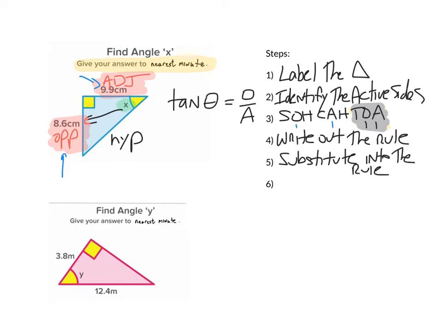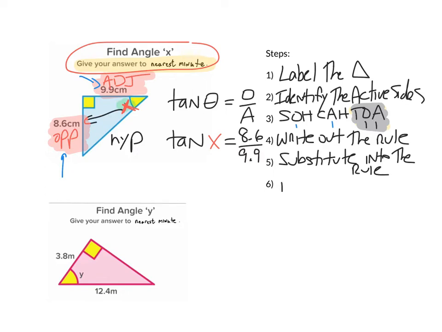So here we have the tangent of theta. Well, what's our angle? Here our angle is x because we're going to be solving for the angles. So the tangent of x equals the opposite, which we said was 8.6, over the adjacent, which is 9.9.